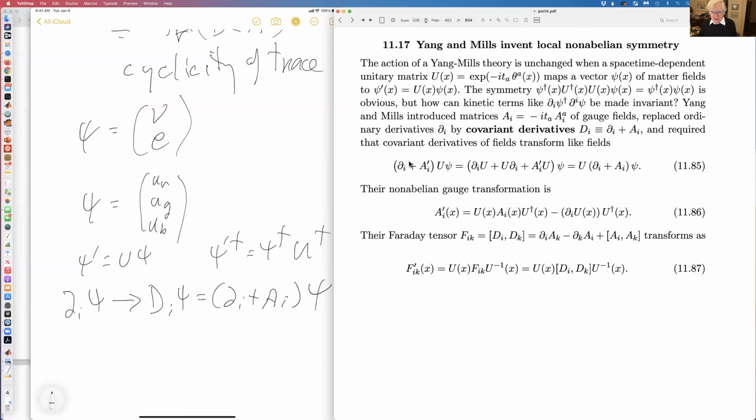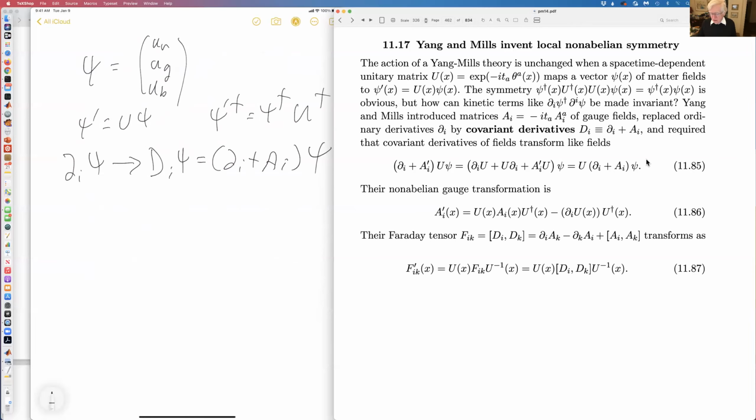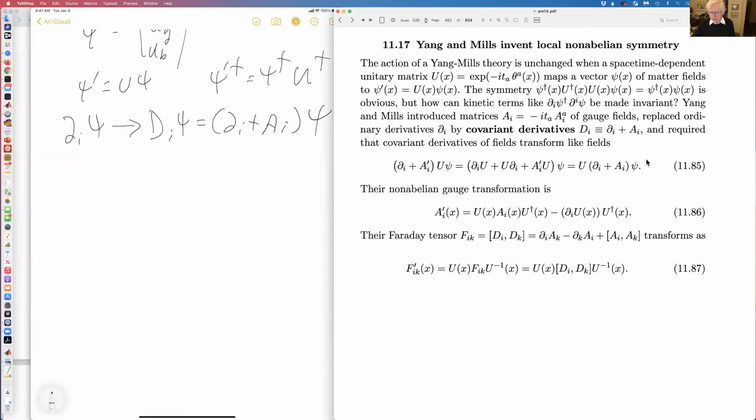And so they basically wrote down this equation and matched this with that. If you just multiply this out, what do you get? Well, you get (d_i u) psi, I'm just multiplying this out, plus u d_i psi plus A_i prime u psi.